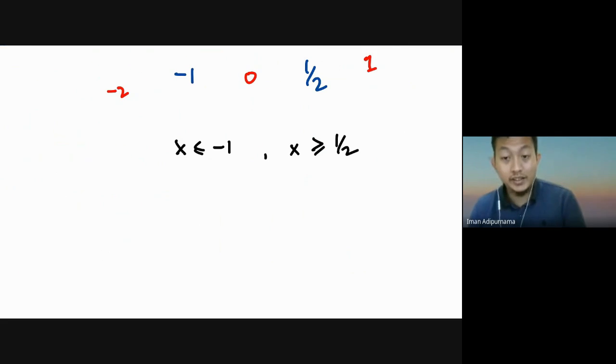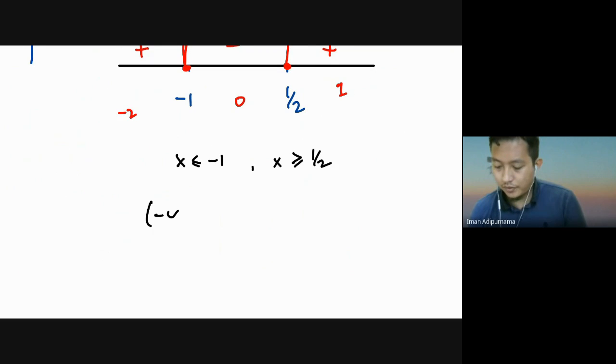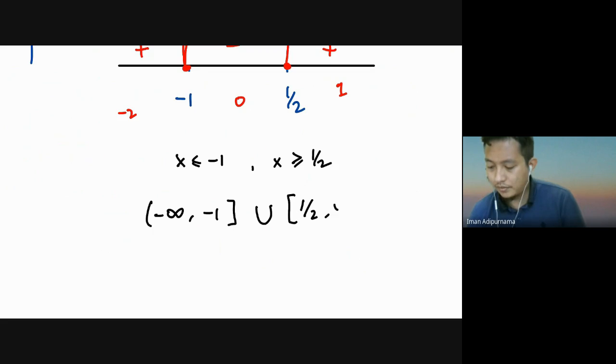Or if you want to write it in interval notation, that's also fine. You can write from negative infinity until negative 1, included. And then you can write from half.